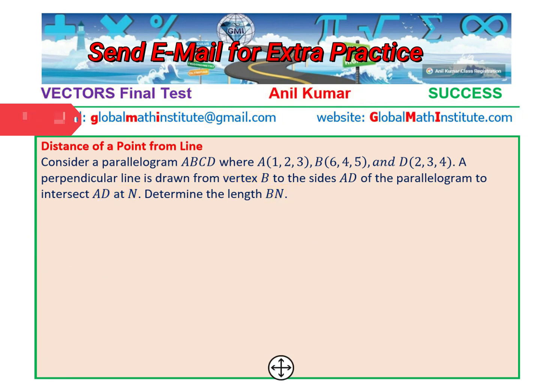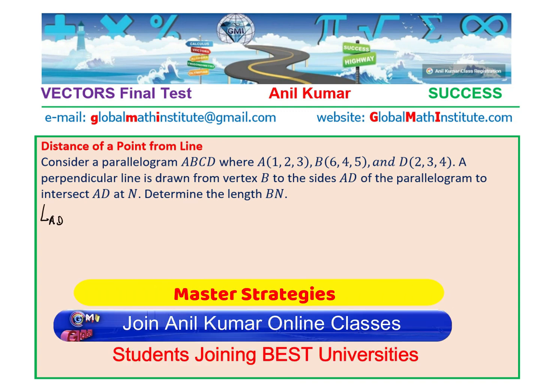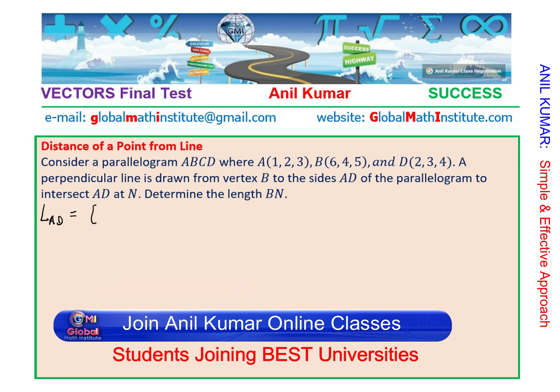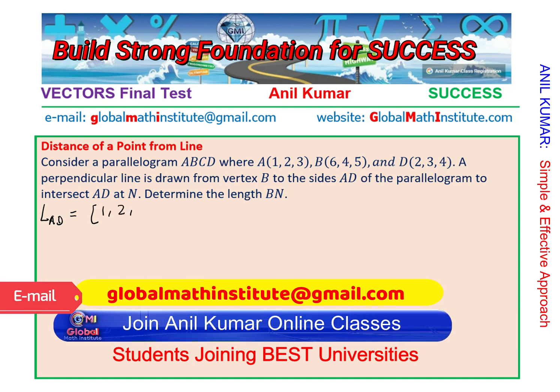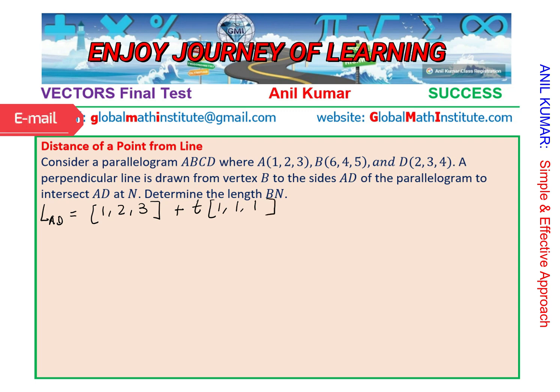So I'm not sketching the diagram again, but I guess we know the equation of the line AD now, which is: we took the coordinates of point A, which is (1, 2, 3), plus parameter t, and the direction was easy, (1, 1, 1). Beautiful question, right?